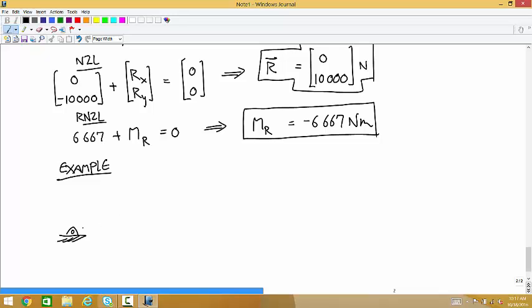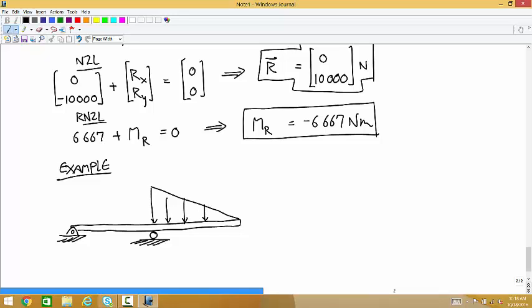Okay, so let's say we have another beam. And there's a roller at the midpoint. And a triangular distributed load on the right half. At its highest point, the distributed load is 2,000 newtons per meter.